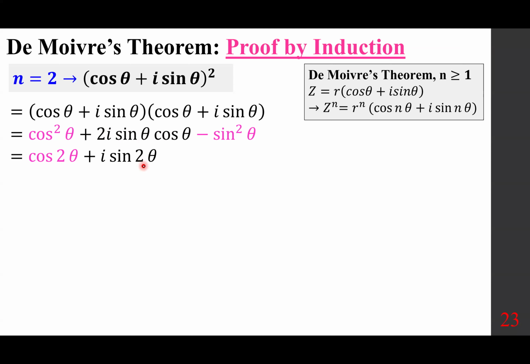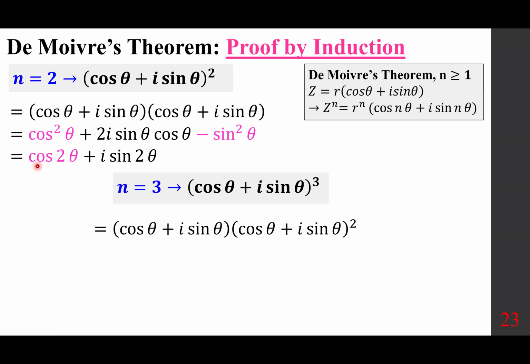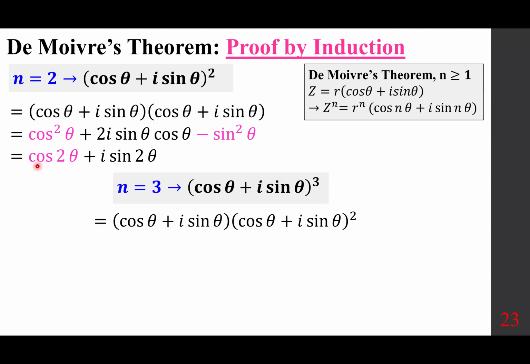What about 3? Raise this to the power of 3. To do that, we multiply cosine theta plus i sine theta by this one, the result for n equals 2. So distribute.